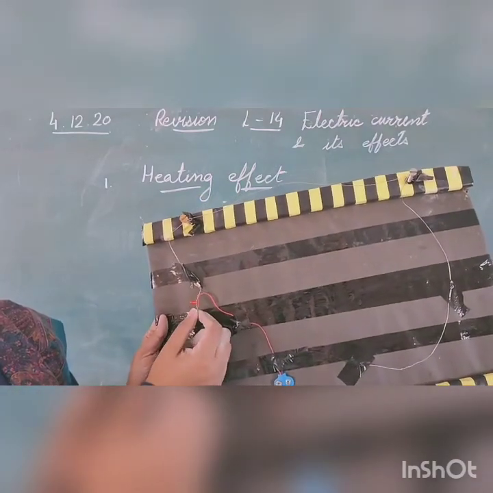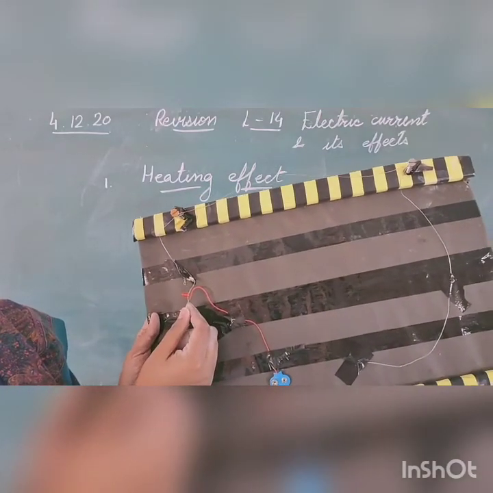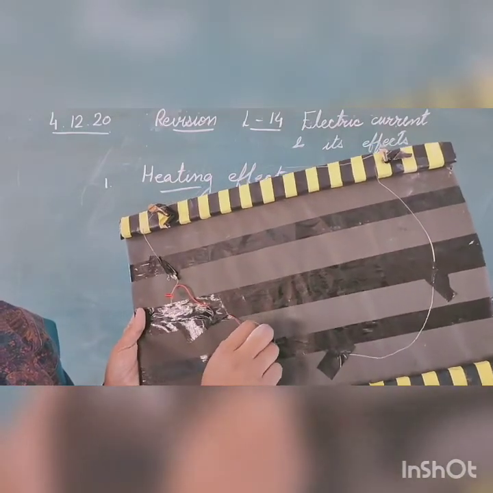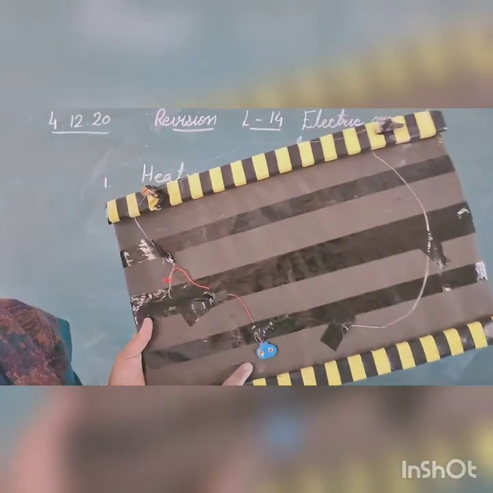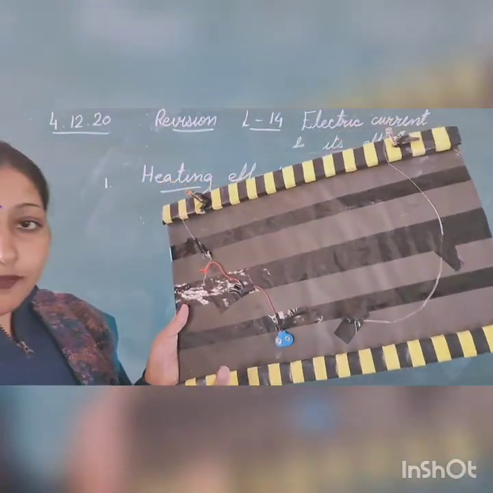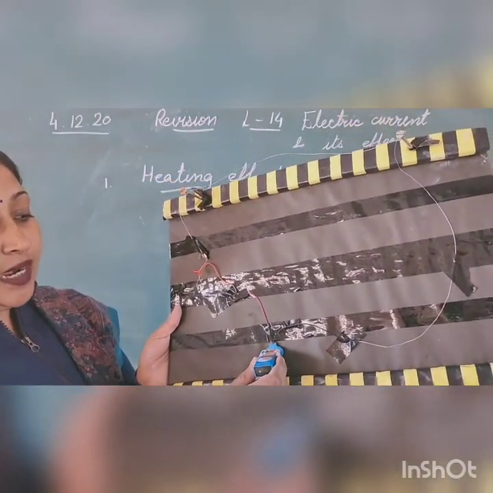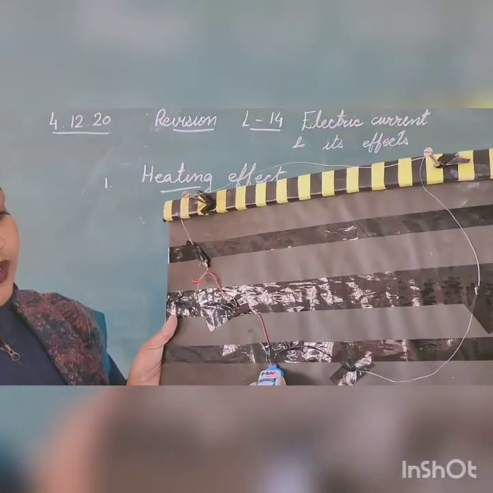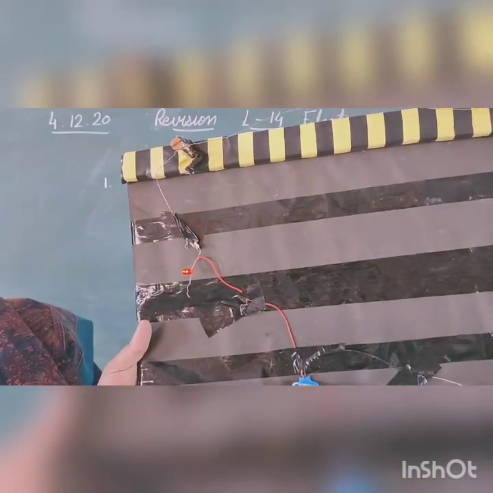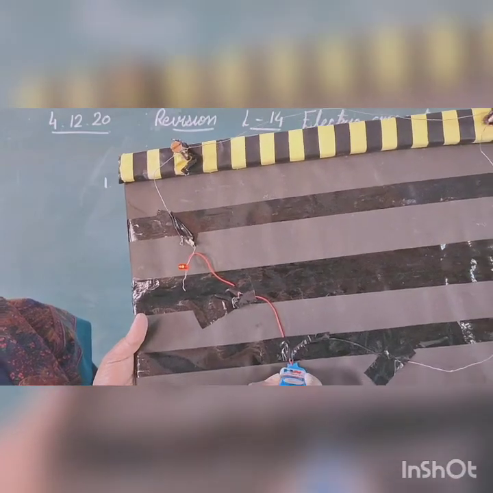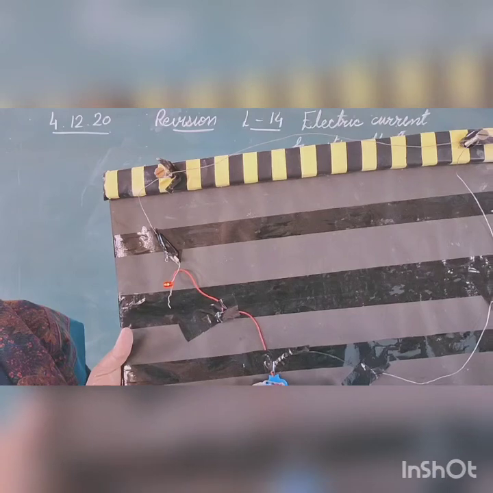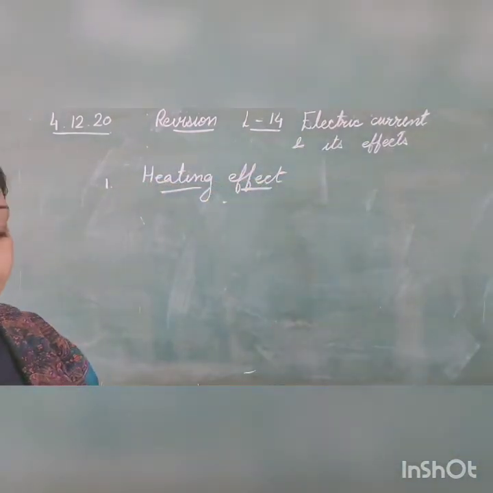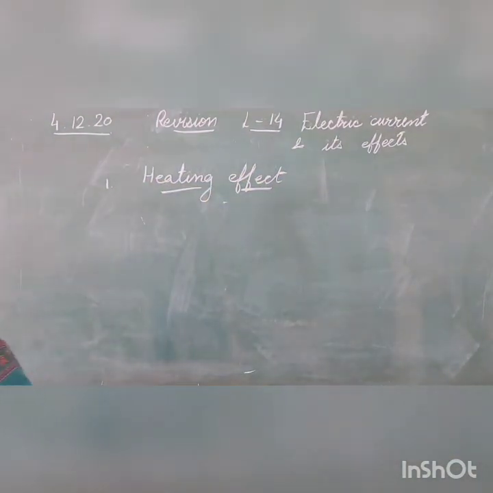Then I have attached a bulb over here to show you that current is passing. Then there are certain wires which are attached to it. And here I have taken a connection of battery. When I join it with the battery, can you see the bulb is glowing? It means the current is flowing through the circuit. When current is flowing through the circuit, after some time, this wire becomes red hot.